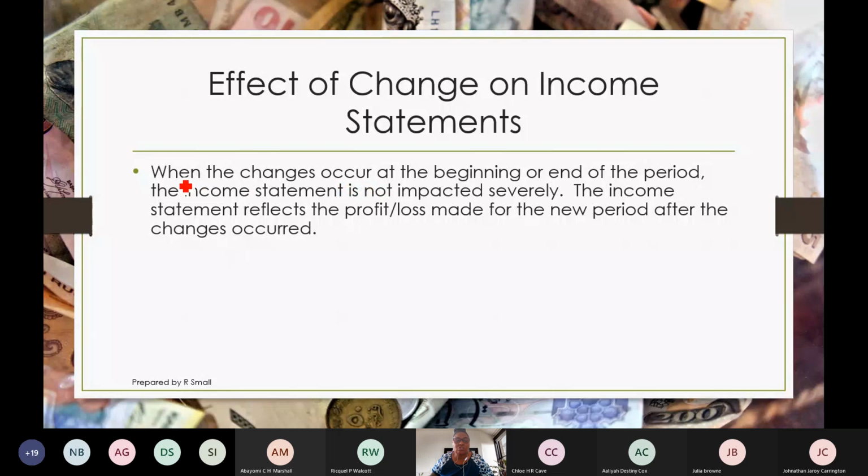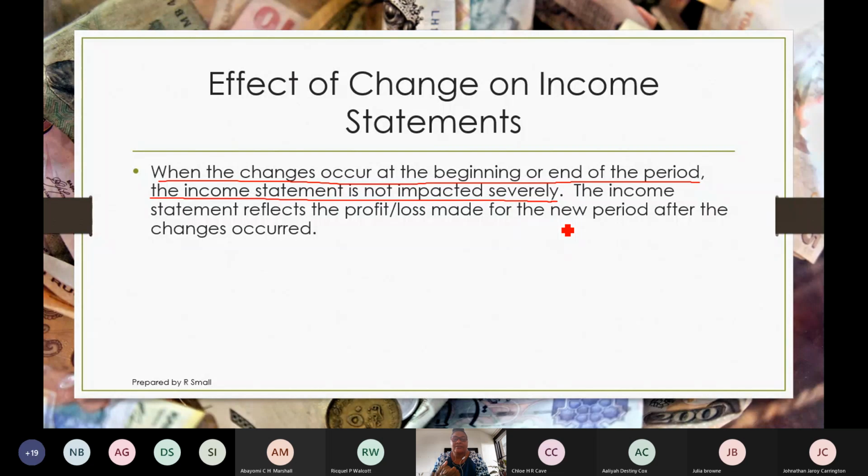When changes occur at the beginning or the end of the period, the income statement is not severely impacted, because if the change occurred at the beginning, there's nothing really supposed to be done, because everything will be new. So there's no issue really. If it's at the end, there's no issue either.